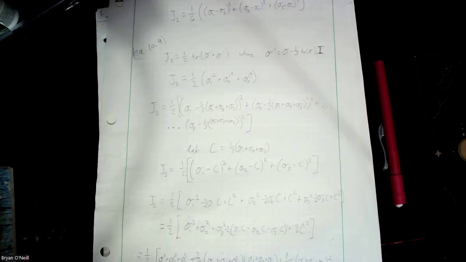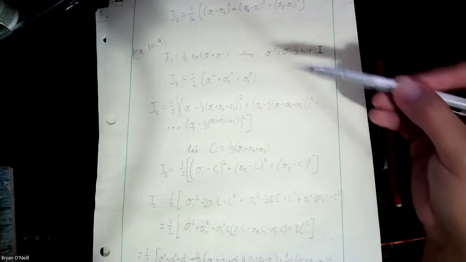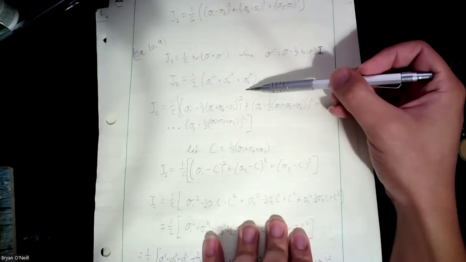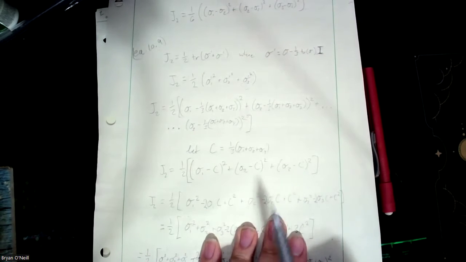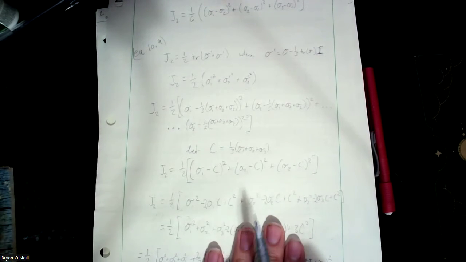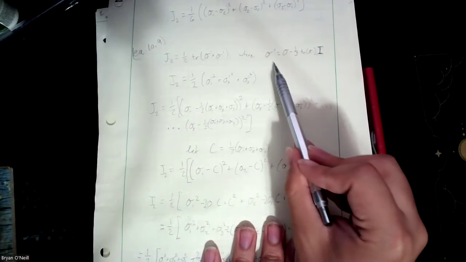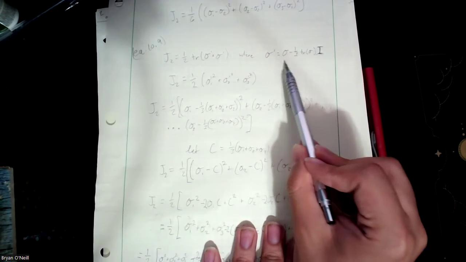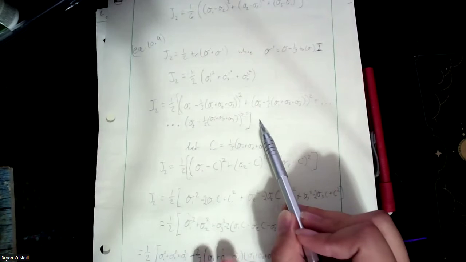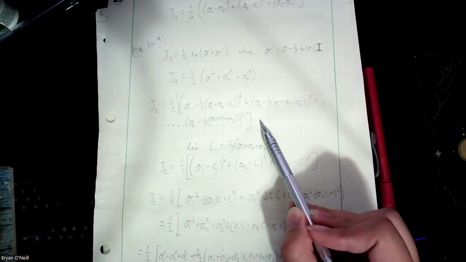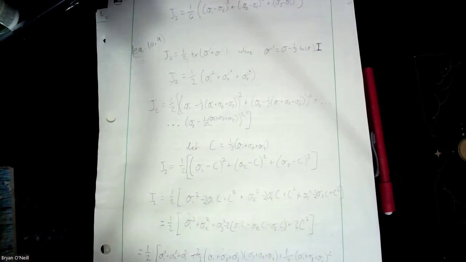First, we expand out this trace to this equation here. Once we do that, we can substitute in sigma prime equals sigma minus 1/3 trace of sigma times I, and it will give us this equation here, which starts to get long and messy, but we're just going to trust the process.